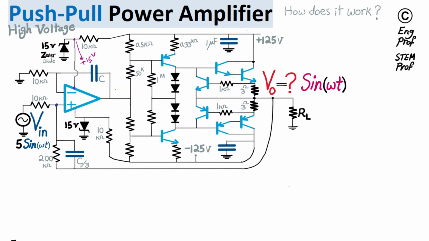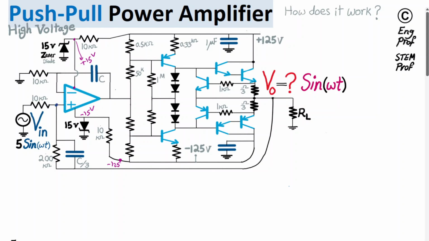The same thing with the wiring of this 15 volt Zener diode: we are guaranteeing that despite minus 125 volts at this node, we will get a proper minus 15 volts here by having this 10 kilo ohm resistor properly connected. So we have the proper negative 15 and positive 15 volt supplies for our op-amp, and it's a low power, low current op-amp.